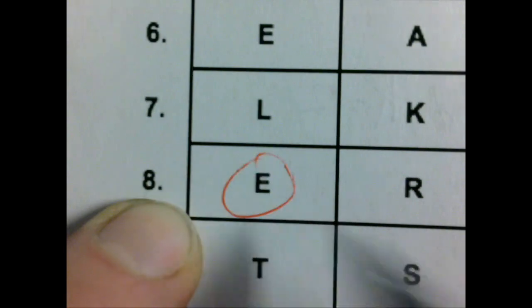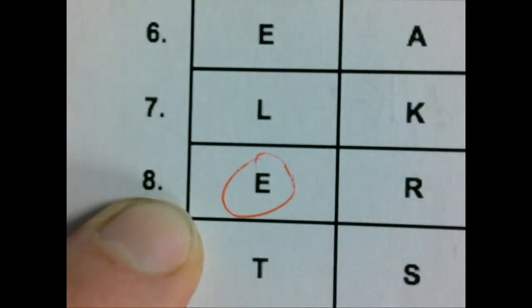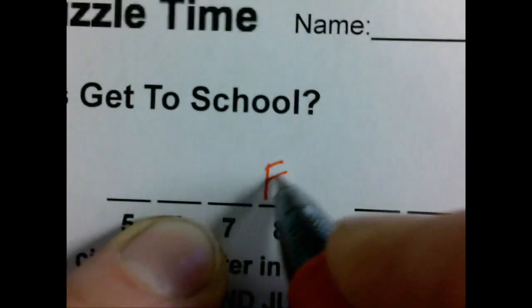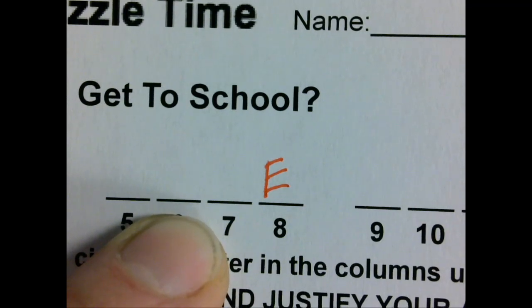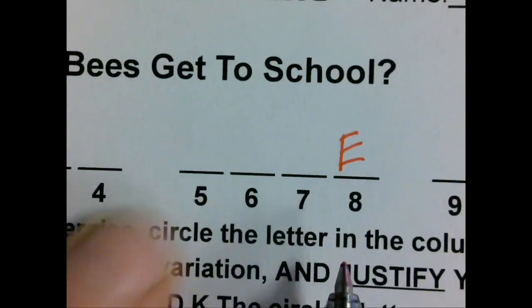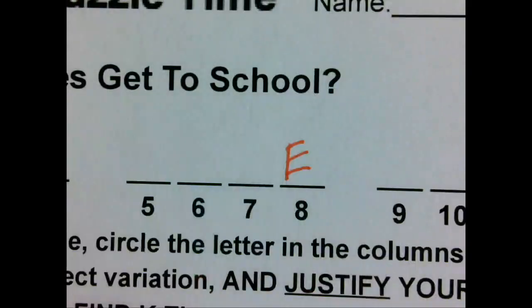Shade it in or circle it so you know we're going to use the letter E for number 8. So number 8 is the letter E. Again, if you know it, rule number 1: don't shout it out. Rule number 2, finish showing all the work. Your points don't come from knowing how bees get to school. This is only 5 points here.